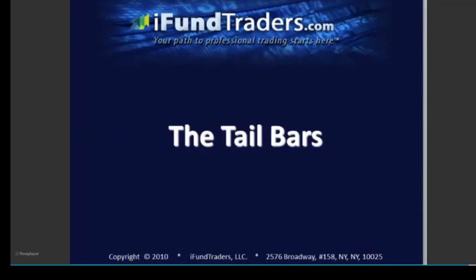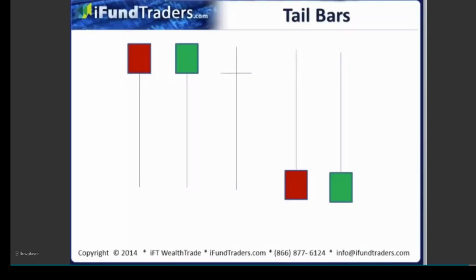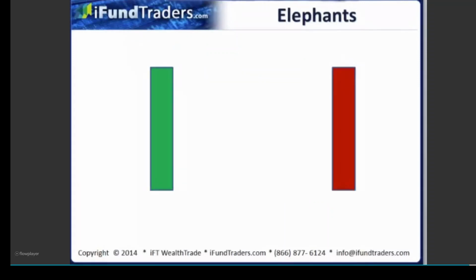The events, there are 7 to 9, depending upon how you number them. Tail bars, 3 versions. Tail bars with red, green, and no color. Elephant bars, okay?